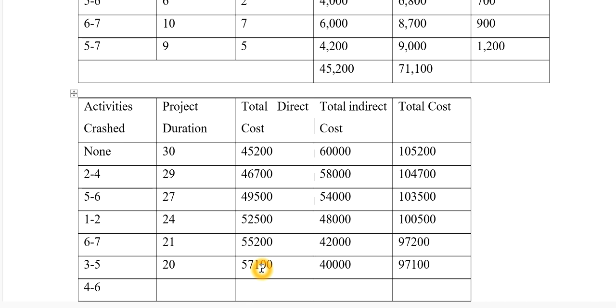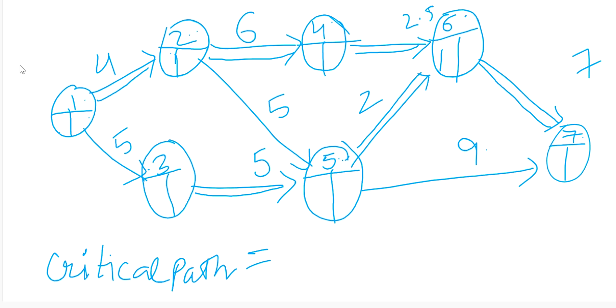Now let's move forward to the network. 0 plus 4 is 4. 0 plus 5 is 5. Now 5 plus 5, 10. 4 plus 5, 9. So I'm taking the larger one, 10. 4 plus 6, 10. 10 plus 2.5 is 12.5.